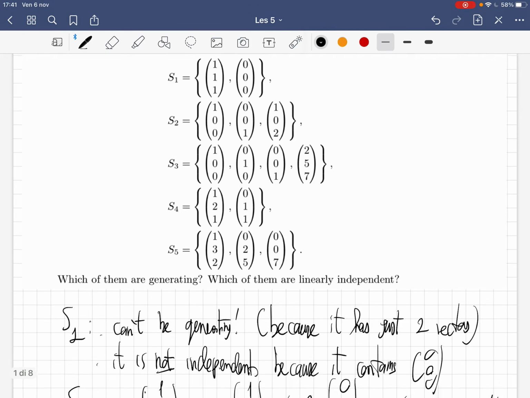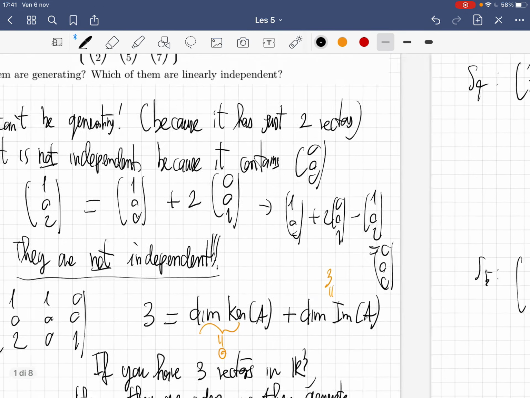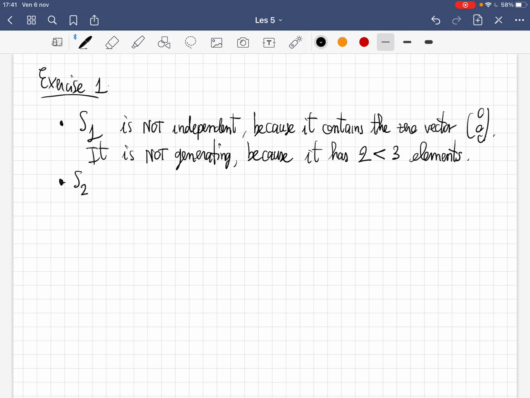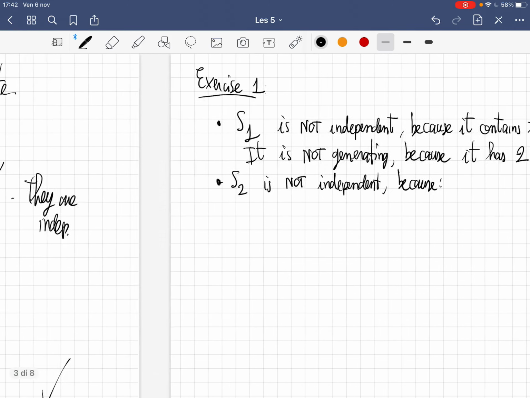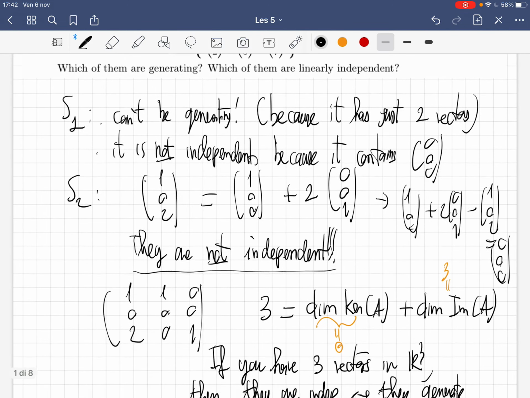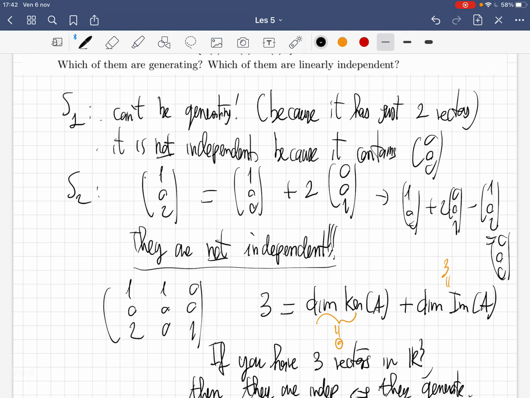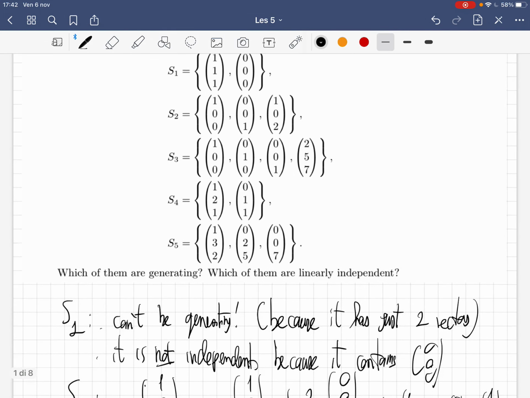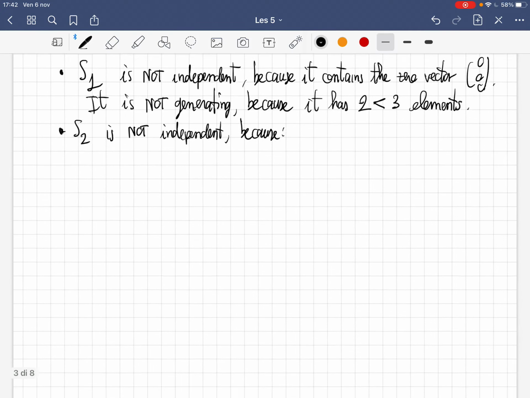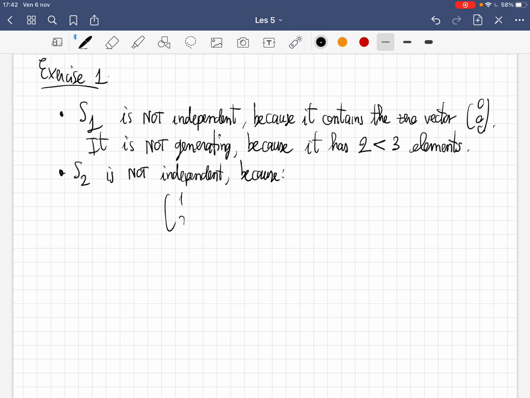So, let's see the second. That's true, it is not independent, because you can just write the relation, if you want, as follows: 1, 0, 0 plus 2 times 0, 0, 1 minus 1, 0, 2 is equal to 0.